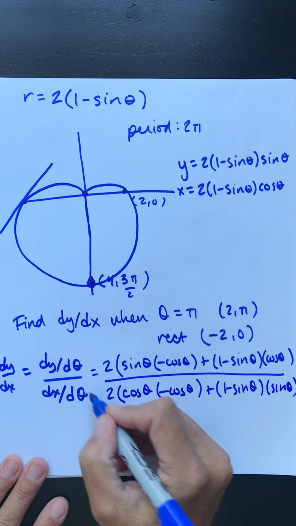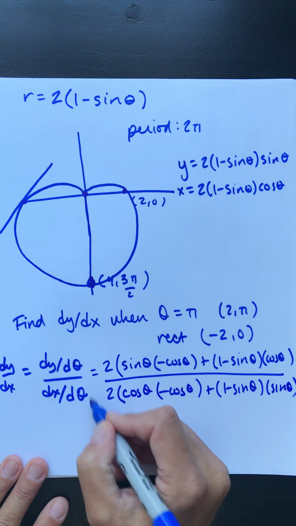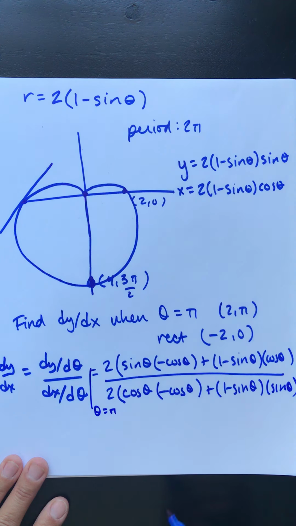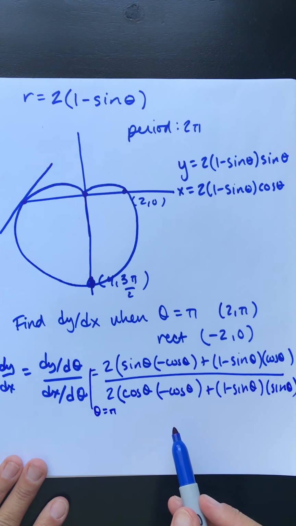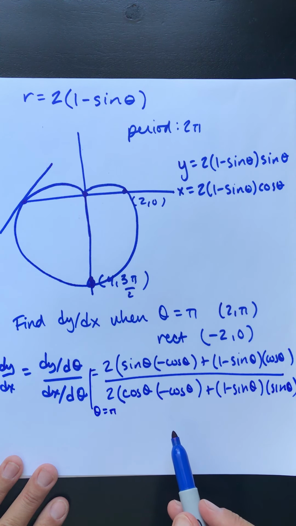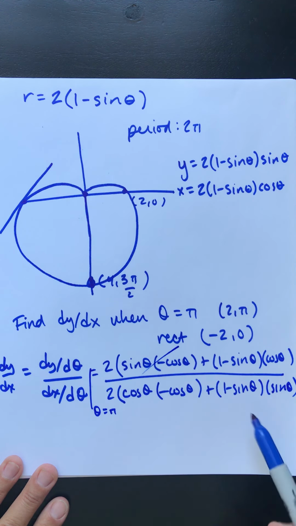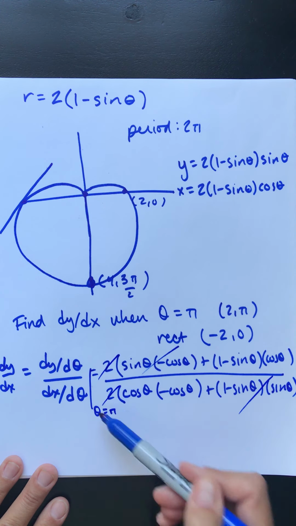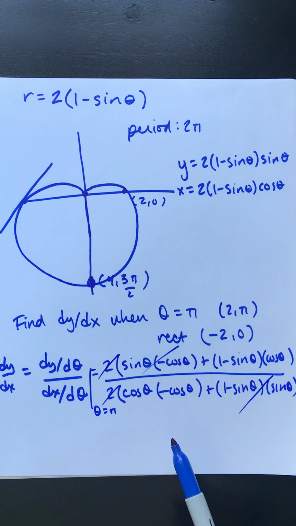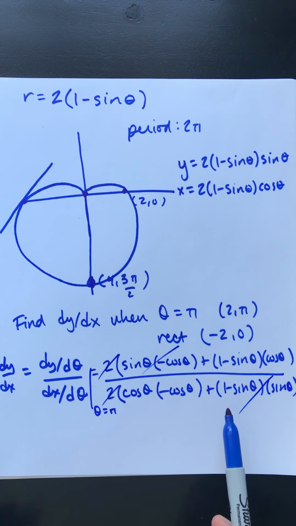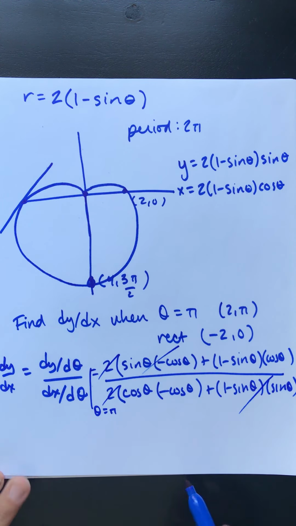And again, I'm evaluating this at the point when theta is pi. So when theta is pi, sine is 0. So this term is going to disappear, and this term is going to disappear. These are going to cancel. So I get (1 minus 0) times 1 over 1 times 1, which is 1.